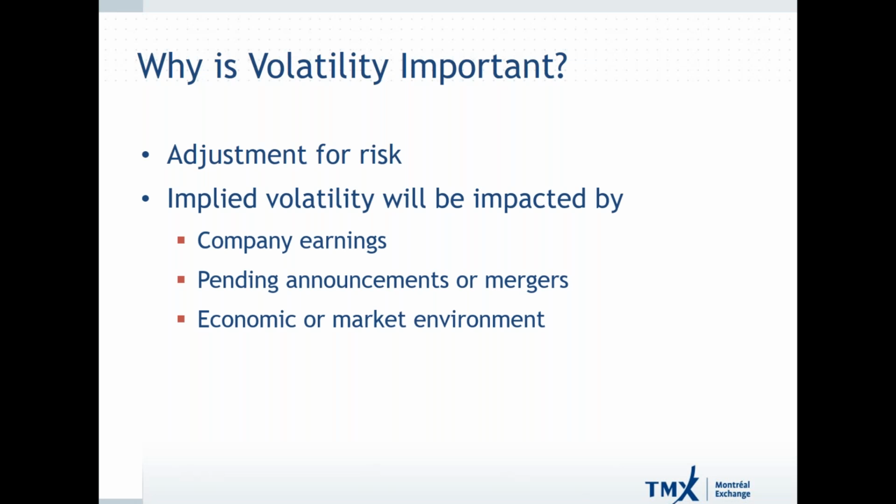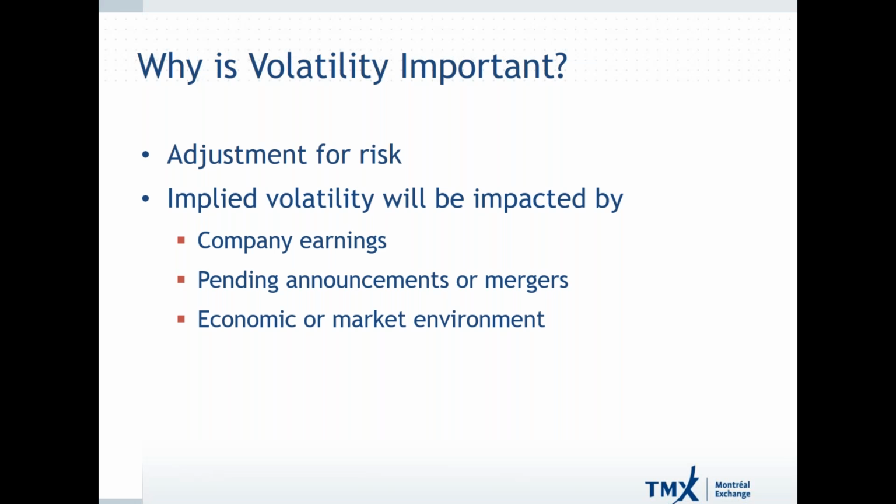So implied volatility can be impacted by company earnings, because company earnings reflect an uncertain condition within a particular stock. The implied volatility of an option contract can be impacted by a pending announcement or merger. Once again, there are unknown variables associated with certain announcements that are going to be made on a stock, in terms of mergers or acquisitions or product launches.